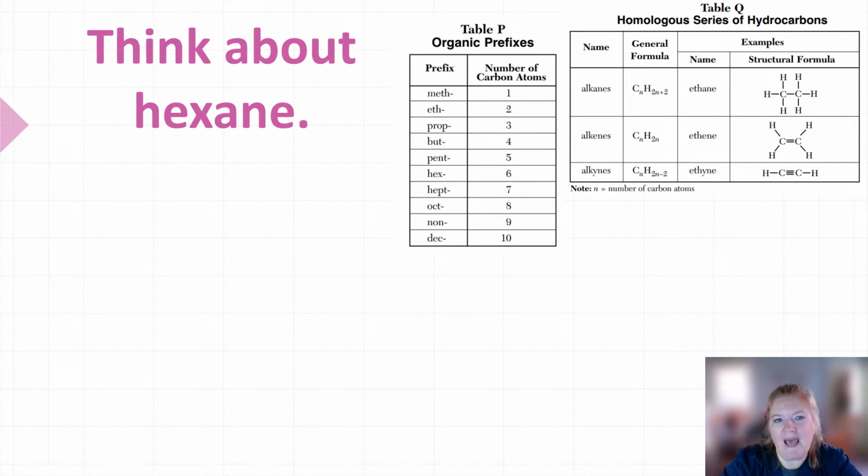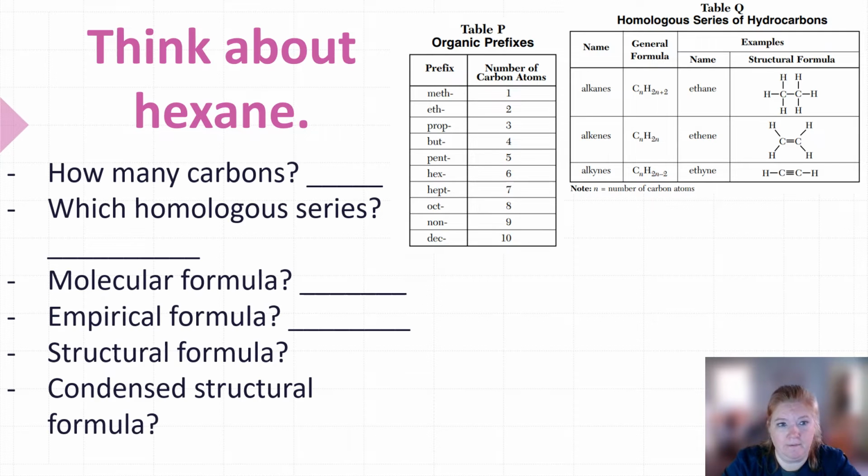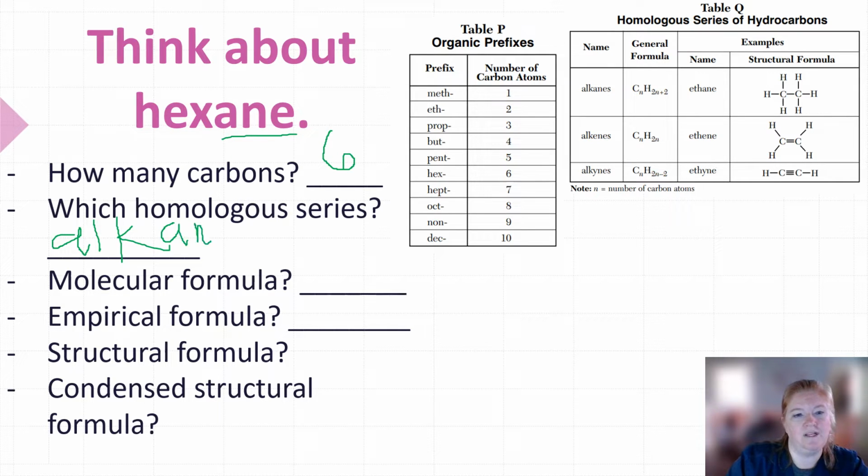All right, so think about hexane. How many carbons? Well, it's hex, right? 6. Which homologous series? Ane, it's alkane. What is the molecular formula?